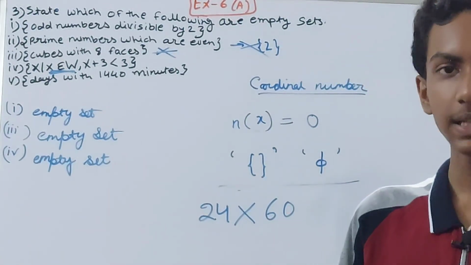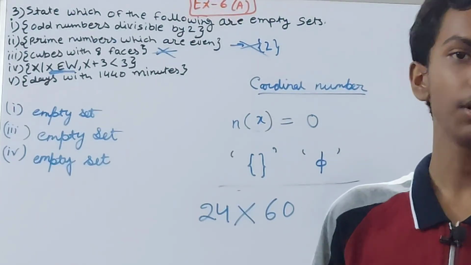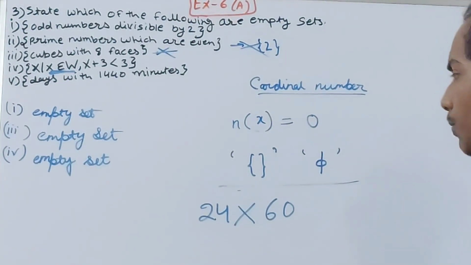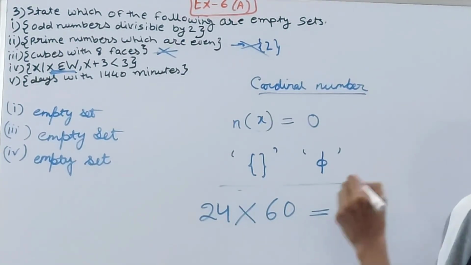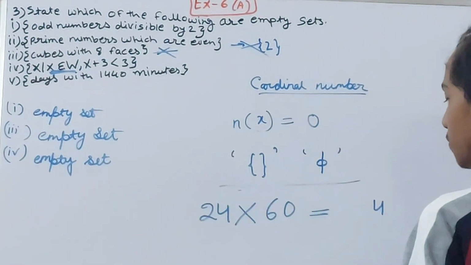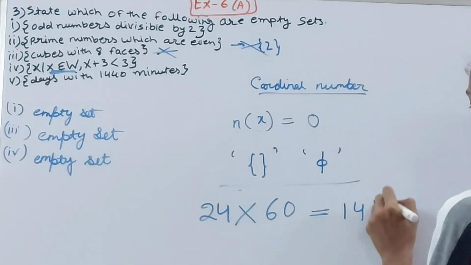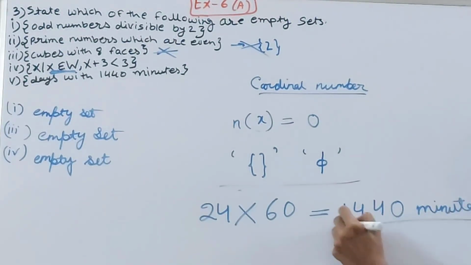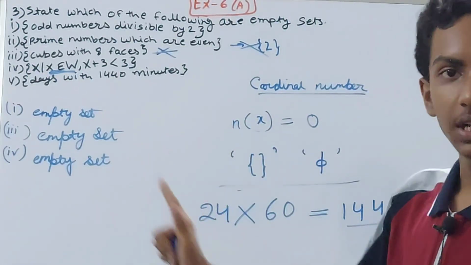If 24 hours are there in a day and in each hour 60 minutes, then in 24 hours there will be 24 into 60 minutes. What will this be? 6 into 4, 24. 2 carried over, 6 into 2, 12, plus 2, 14, and put the 0 of this 60 here. So 1440 minutes is the number of minutes in a day.